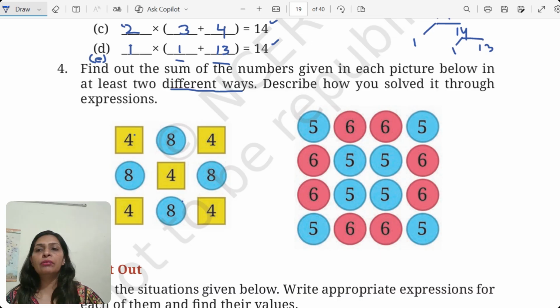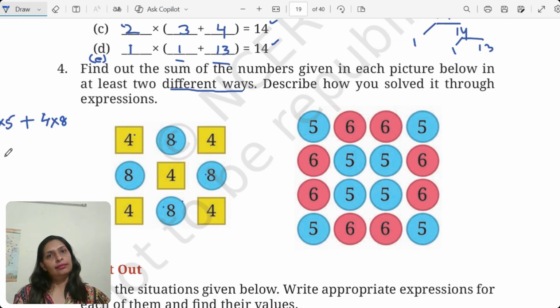So I can have 4 multiplied by 5, plus how many 8s are there? 1, 2, 3, 4. So it is 4 multiplied by 8. This is the first way. Second, let's suppose I take out 4 common, and this would be 5 plus 8. So these are the two ways by which I can express this number.